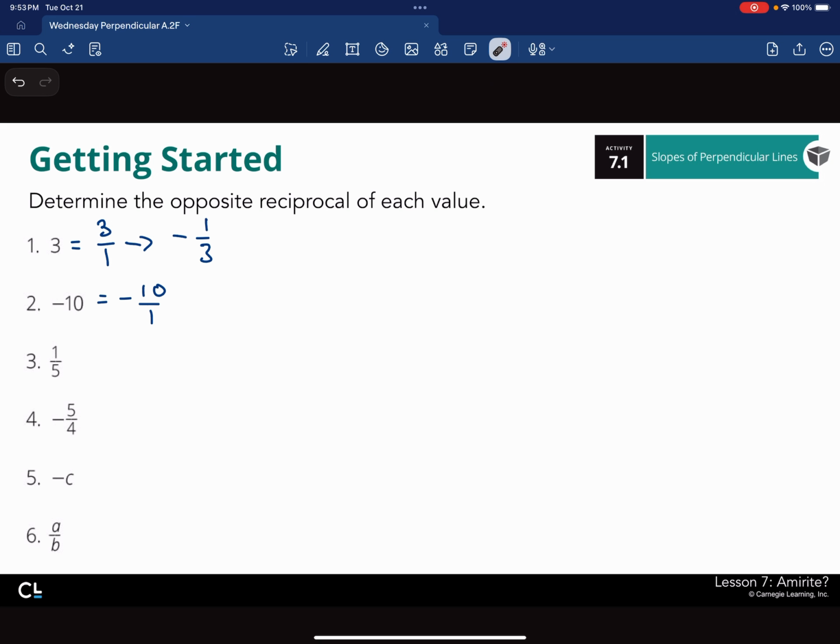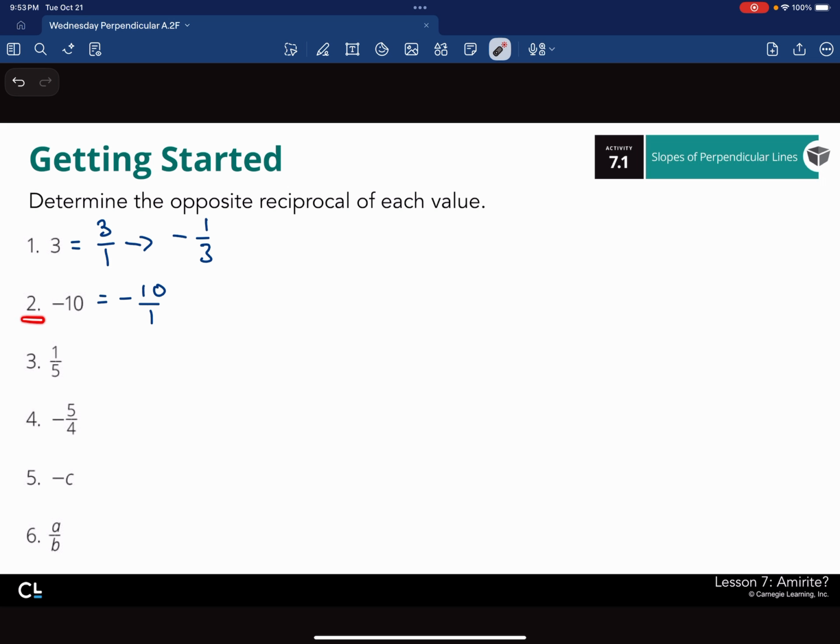Once again, first I changed 3 into a fraction. These are the same. Now to do the opposite reciprocal, I changed this. How? This was positive 3 over 1. Now it's negative. And these two numbers switch spots. So again, positive 3 over 1 changed to negative 1 over 3.